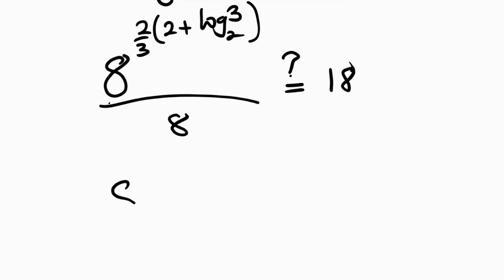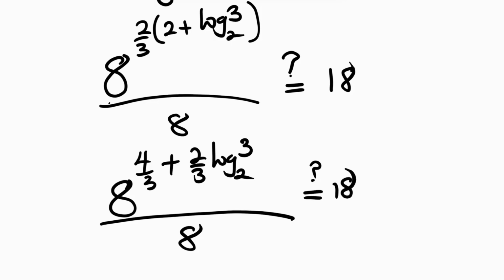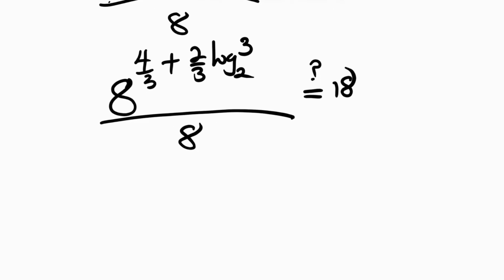So now this becomes 8 raised to the power 4 over 3 plus 2 over 3 log 3 base 2, all divided by 8 equals 18. Let's break this up first.